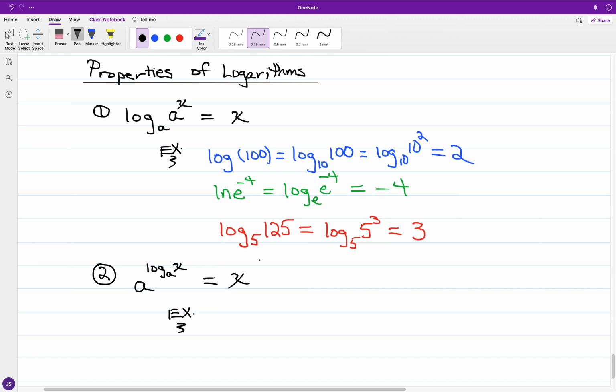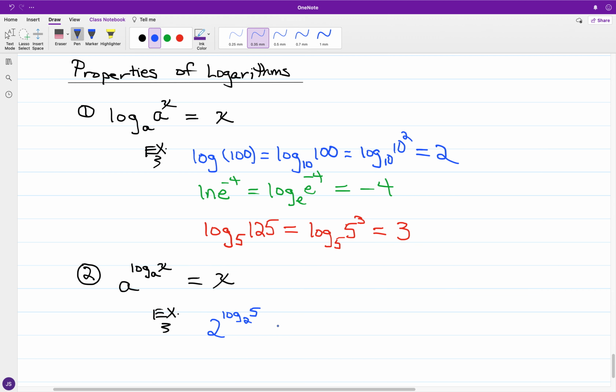Just some examples here. If I have something like 2 to the base 2 logarithm of 5, a is 2, x is 5. And this reduces to x, which is 5.